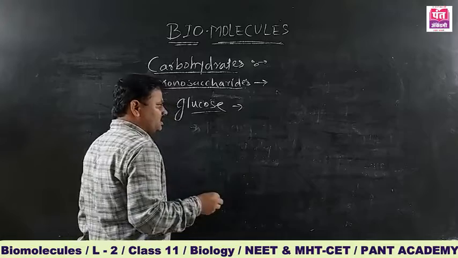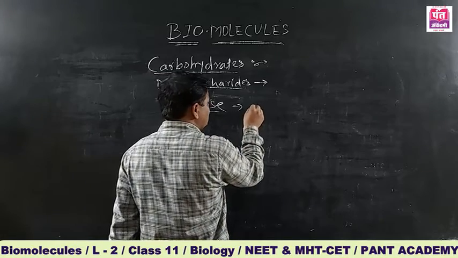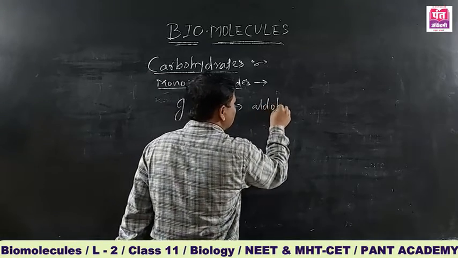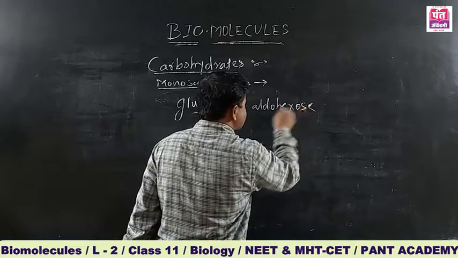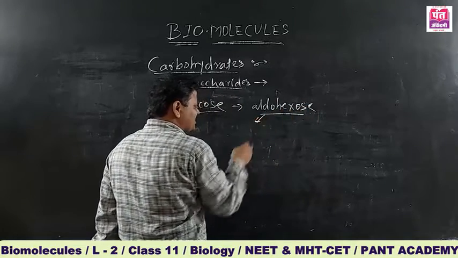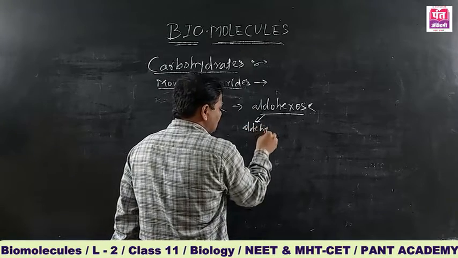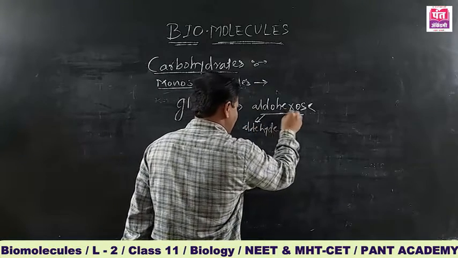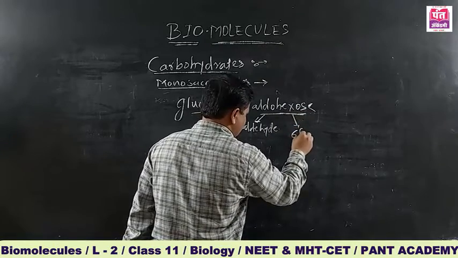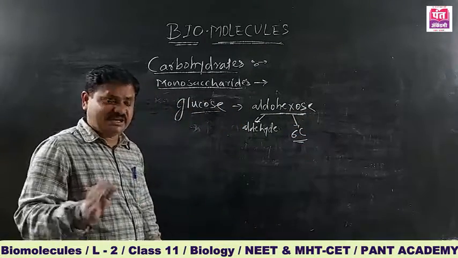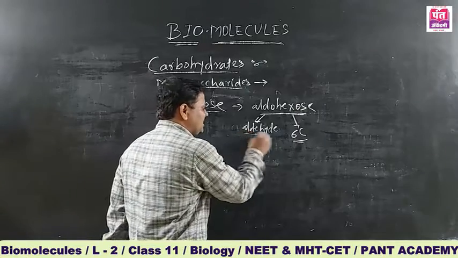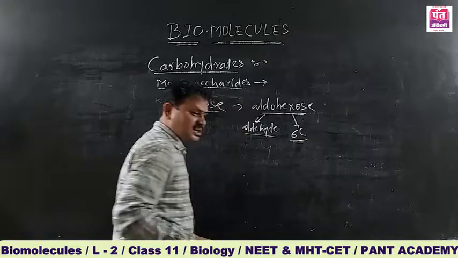Glucose is an aldohexose. Remember, aldohexose. It says that it contains an aldehyde as a functional group, and hexose says it is a 6 carbon sugar. So it's very simple: aldohexose contains an aldehyde and 6 carbons.